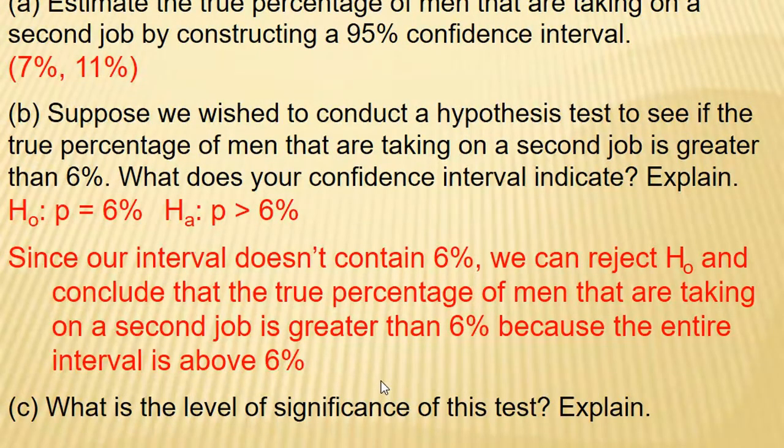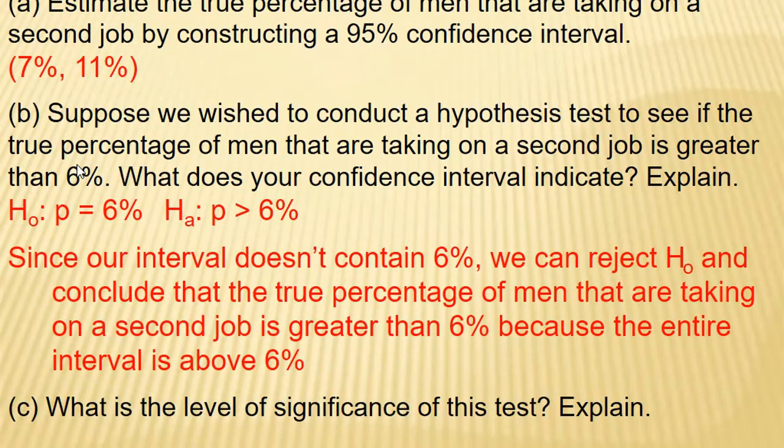But here's what I said. Since the interval doesn't contain the H0, the 6%, equal to 6%, then we will reject the null hypothesis and conclude that the true proportion of men who are taking a second job is more than 6%, because the interval, which goes from 7 to 11, is clearly more than 6%.